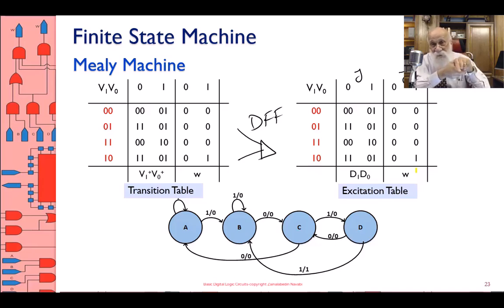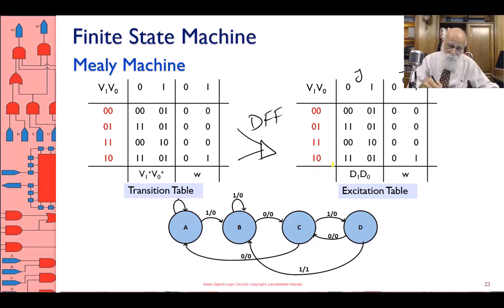Then, since J is also participating in the determination of output, I also have a 3-variable Karnaugh map for the W output. And the reason I did 000111110 for the state assignment is because this maps nicely to the Karnaugh map.